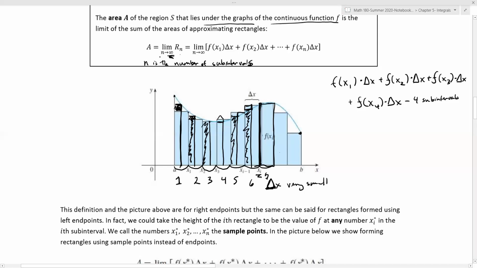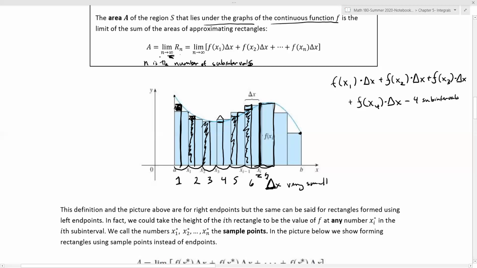We use the i so that we don't have to use a specific number. We don't have to say 1, 2, 3, 4, 5, 6, 7, like choose a number. We just say it's the ith subinterval, and that allows us to say that we can pick any interval, and they all end up having the same characteristic.